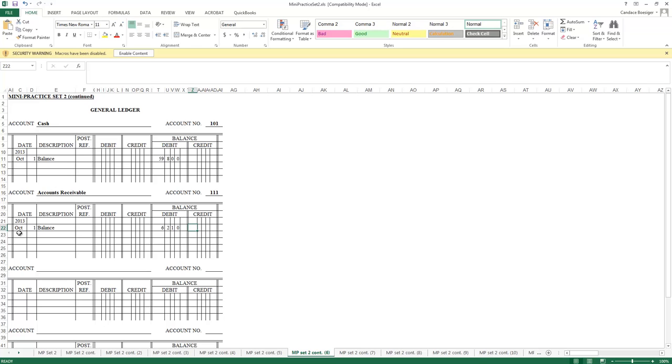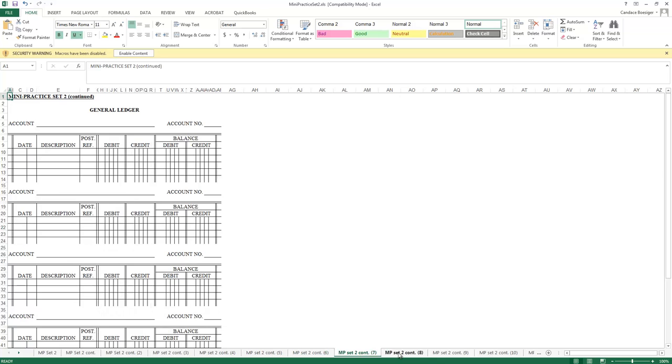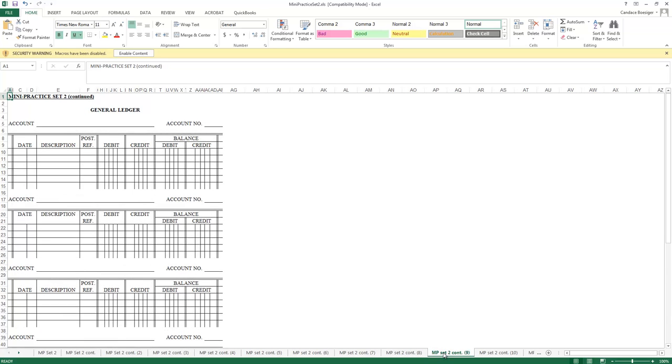Okay, then you're going to go over and open up your subsidiary ledgers. So after you complete all of the accounts on 481 and 482, and get the balances off of 484, number 2 says open the subsidiary ledgers.